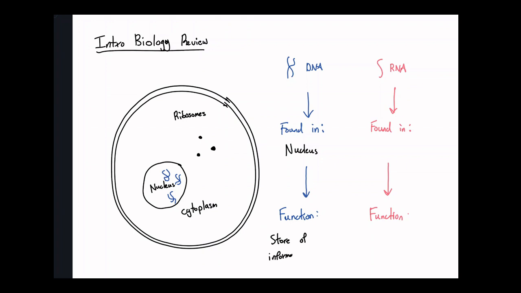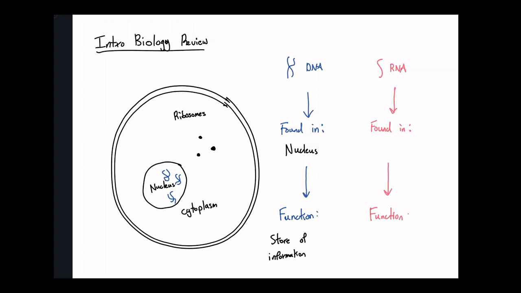But the important idea is that we need this DNA with us our whole life, constantly being read like a blueprint. We're going to be using that to develop from an embryo to a baby, from a baby to an adult, and for an adult to continue living. The DNA needs to continually store and be read for information, right?